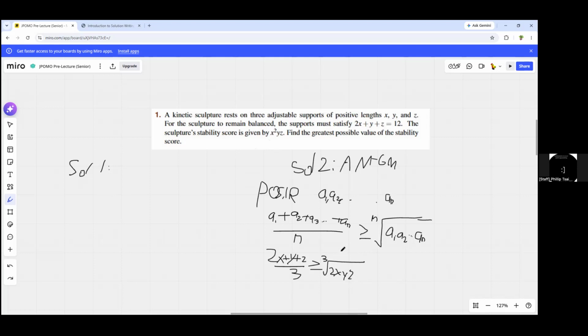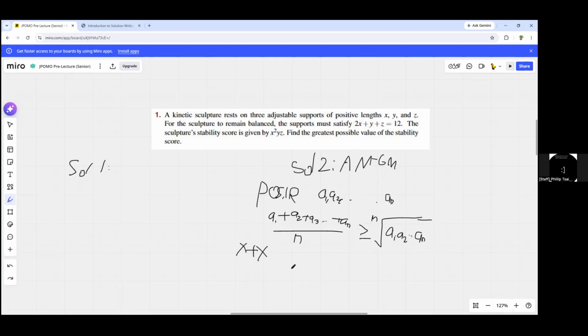So what does any of you suggest we do? Yes, Andrew. We split the 2x into x plus x. Why? So that we can treat those x terms as separate in our arithmetic mean, so that our geometric mean yields x squared instead of x, because now there are two x's instead of one 2x.